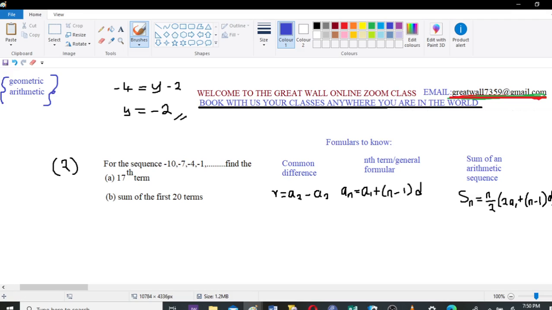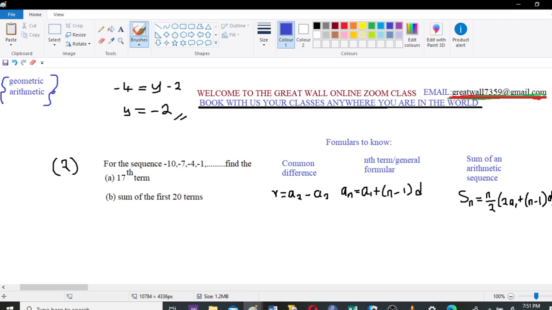So how do we identify the difference? How do we tell the difference? You can tell the difference between these two progressions by looking at how you are able to find the common difference.